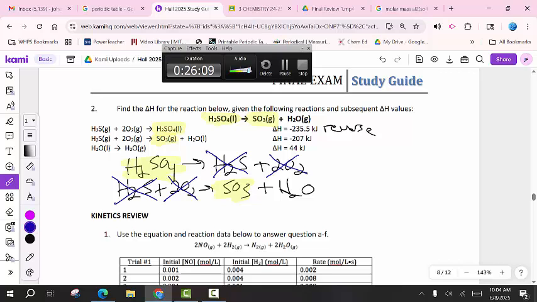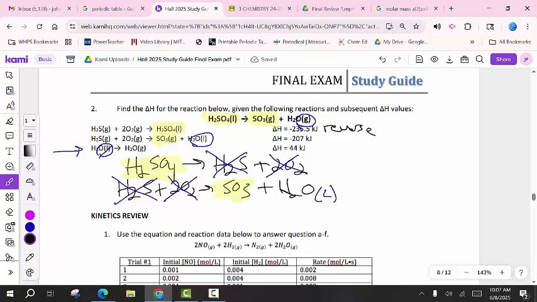Now I do need the water on the right side, but there is a little caveat here. The water in this example is a liquid, and in the overall reaction they want me to have it as a gas. So I'm going to use the last reaction to make that change. And because the liquid's on the right side, I want it on the left side to cancel out. So I'm going to use that reaction the way that it is.